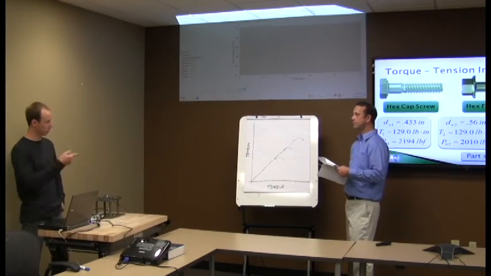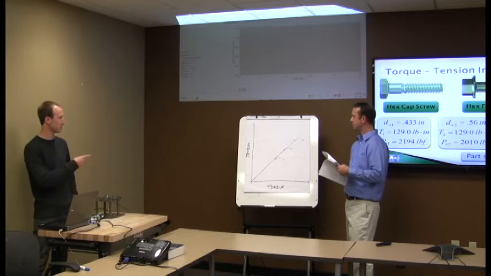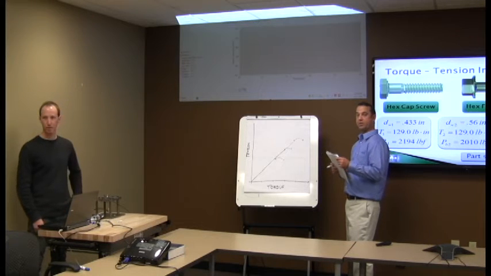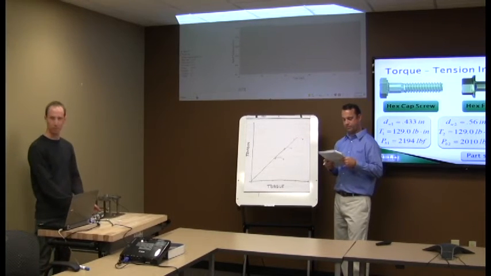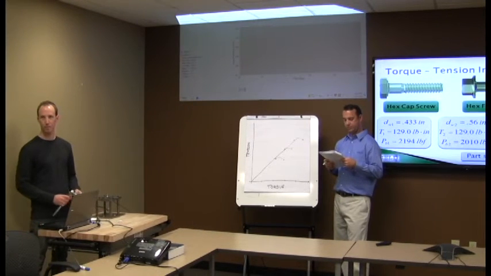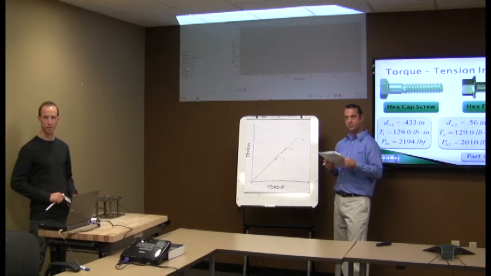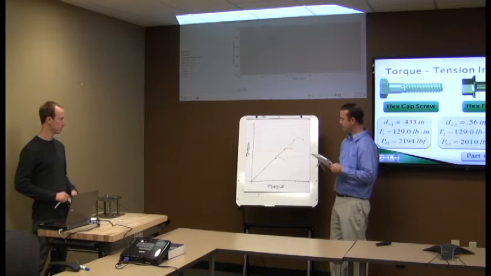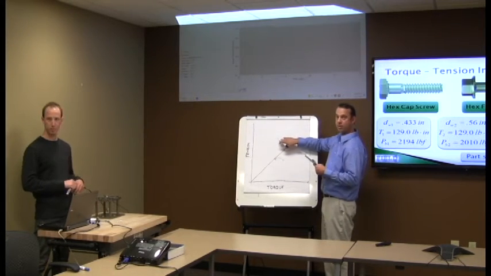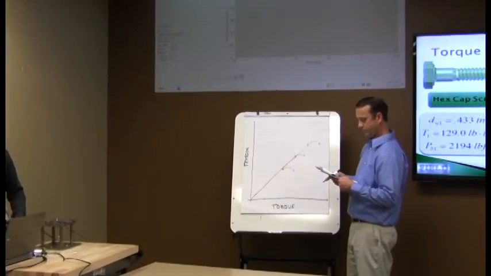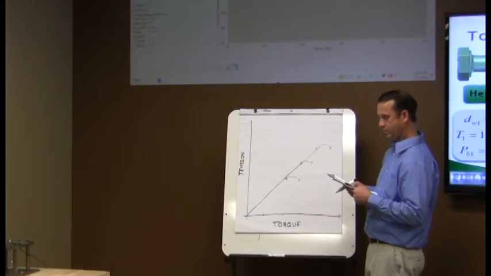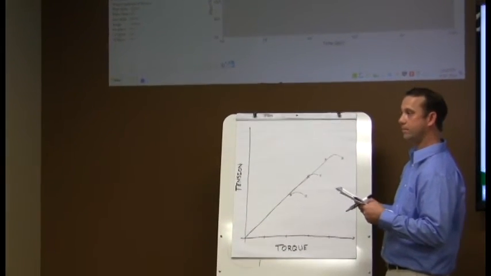You want to draw out the prediction? You said the torque required to achieve your clamp load would be higher if you were using a serrated surface. So you'd say it would be up here somewhere. Yeah, well, it'd be farther out, right? To achieve the same clamp load.